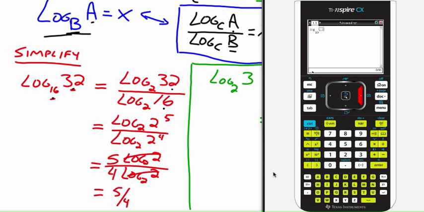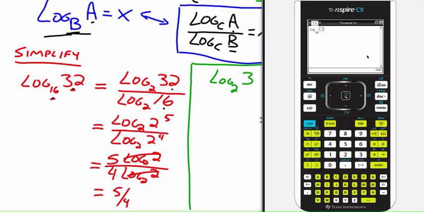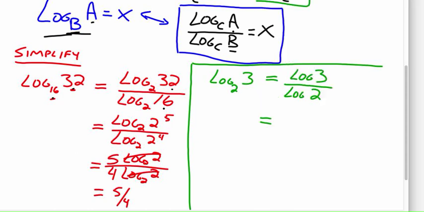So we said it was log base 10 of 3 in the numerator, and we wanted to divide that by log base 10 of 2. And we get, ta-da, 1.58496. So we'll just use this, we'll do equals 1.585. Great.